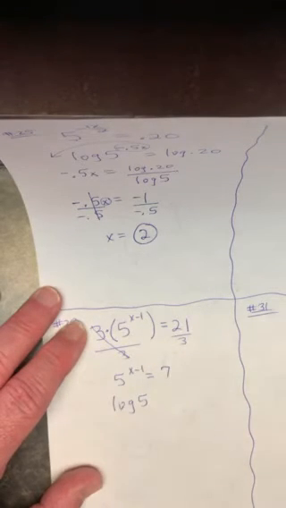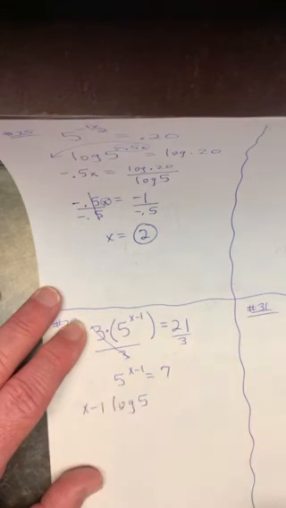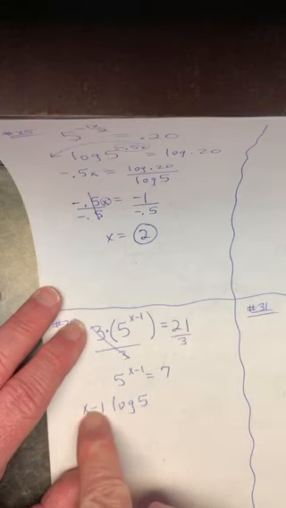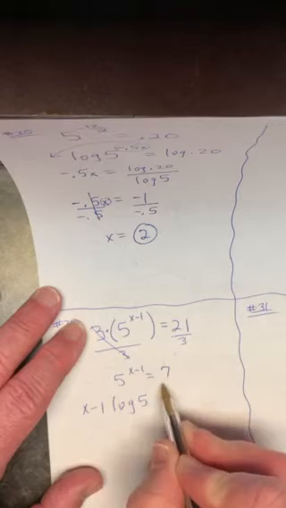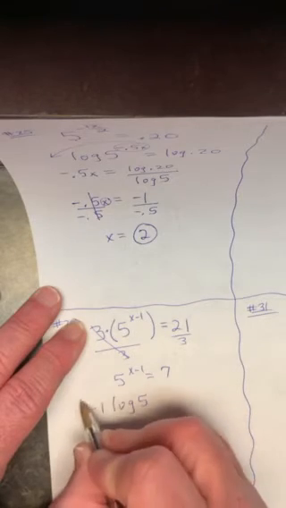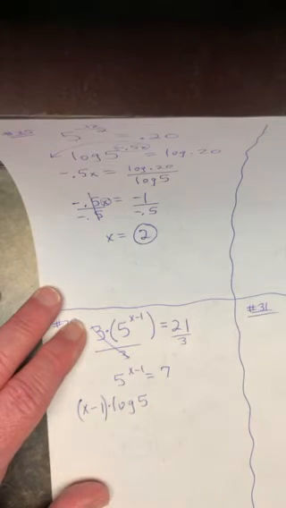of this problem. Guys, when I take that exponent and move it to the front, don't write it like that without parentheses. That looks like x minus 1 log 5. That entire exponent moved to the front, so it's (x minus 1) that got moved and is dot connected to the log of 5, okay?